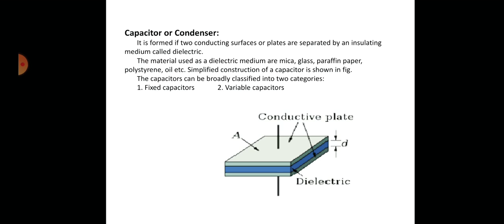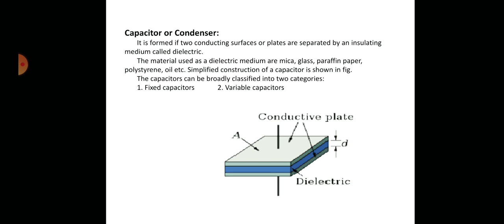Now what is a capacitor or condenser? A capacitor or condenser is an energy storage device in an electrostatic field. We can store energy in an electrostatic field by using this capacitor, also called a condenser. It is formed by two conducting plates or surfaces separated by an insulating medium, called the dielectric medium.